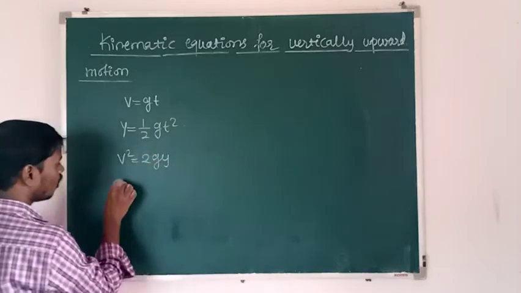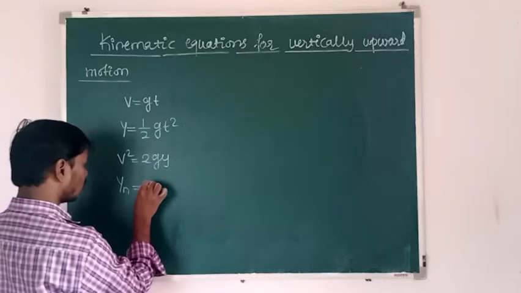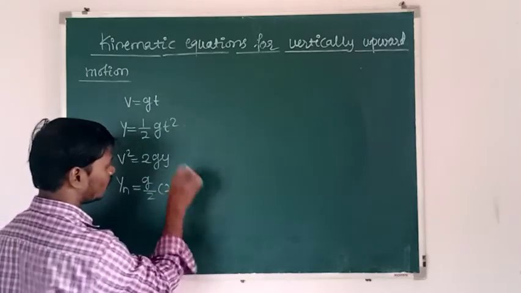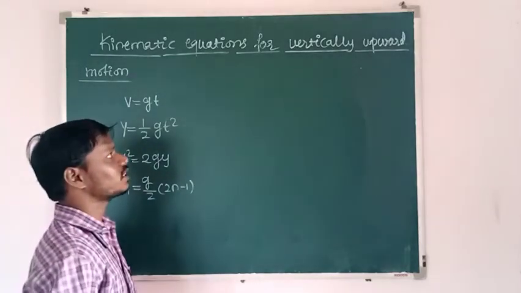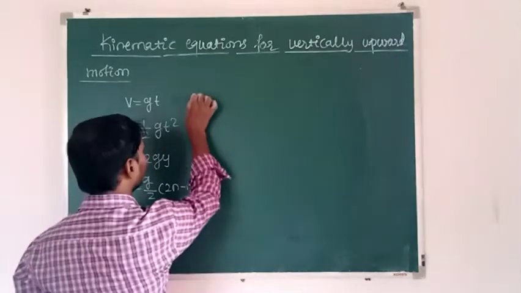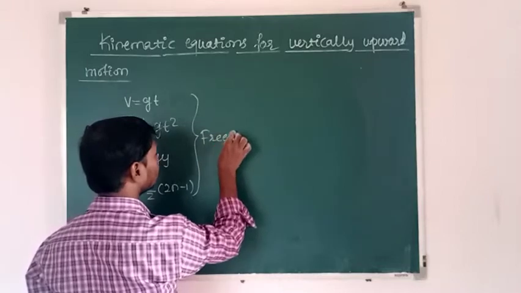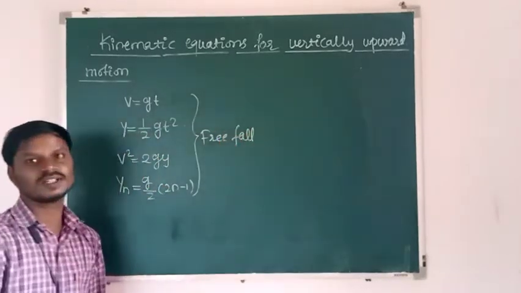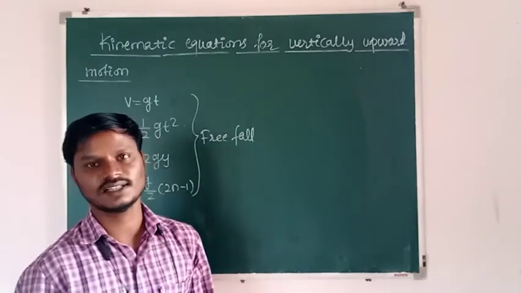And last one, yn is equal to g by 2 into 2n minus 1. So these kinematic equations are used in case of vertically downward motion or in case of free fall. Already you know that. What do you mean by free fall? It is the motion of a body under the influence of gravity in the downward direction. Here the air resistance is neglected.